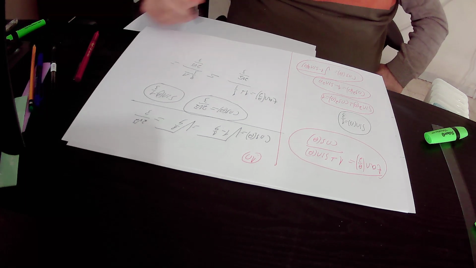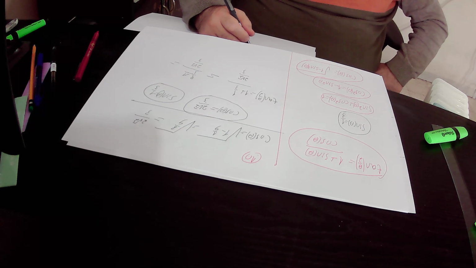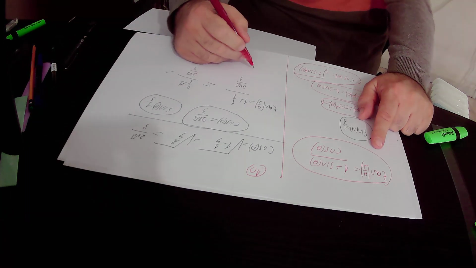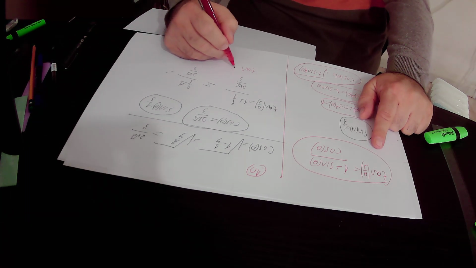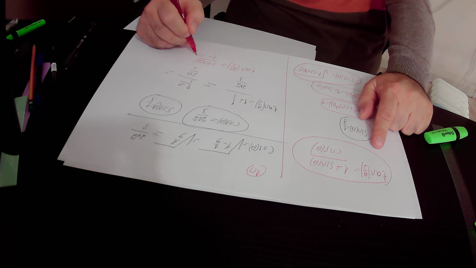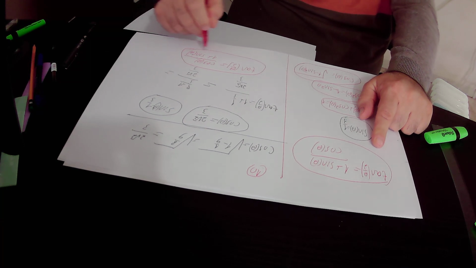So actually the trigonometric identity states that tangent theta over 2 is equal to cosine theta over 1 plus sine theta. This is the trigonometric identity.